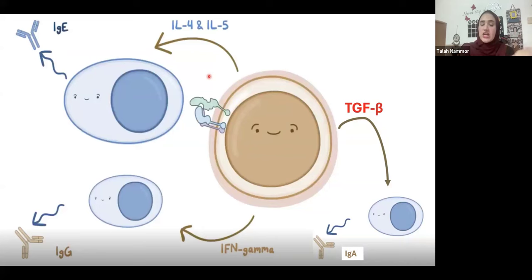When we have interferon gamma, you can think of it, gamma starts with a G, so IgG, all right? So interferon gamma is going to stimulate the release of IgG. And then we have TGF beta, okay? TGF beta is going to stimulate the cell to release IgA, okay?